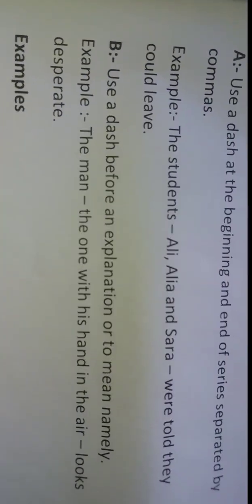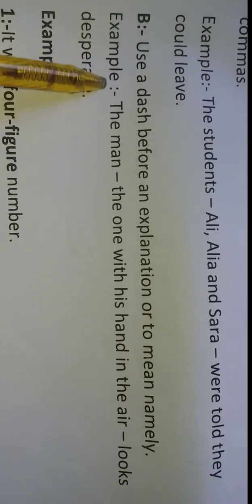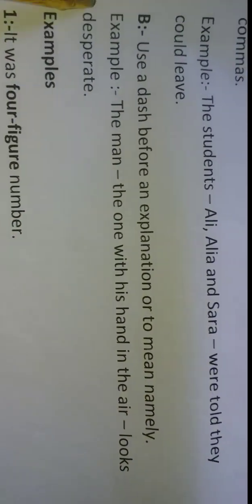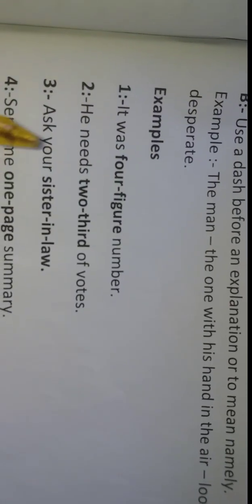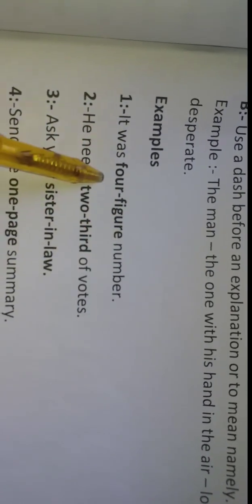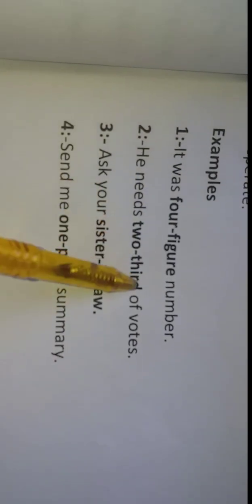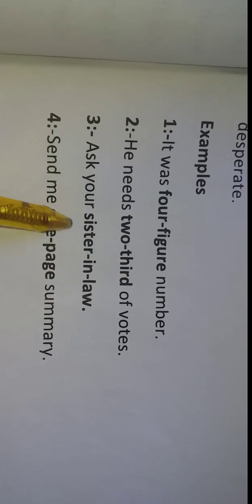We also use a dash before an explanation, or to mean "namely". For example, the man with his hand in the air looks desperate. We commonly use dashes in paragraph writing only when we have digits or figures, fractions like two-thirds, or some kind of relation that we write this way: sister-in-law, mother-in-law, daughter-in-law, father-in-law.